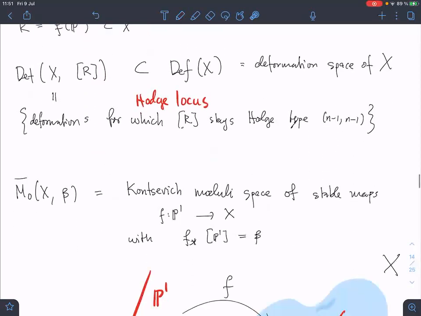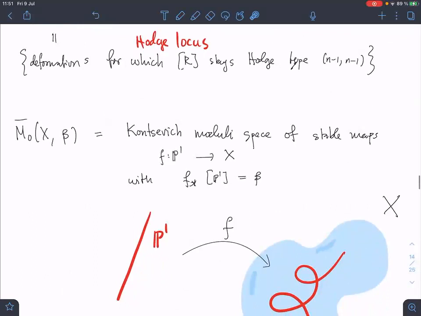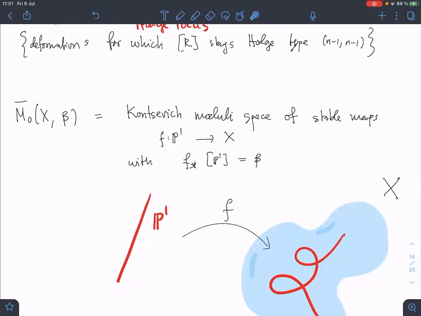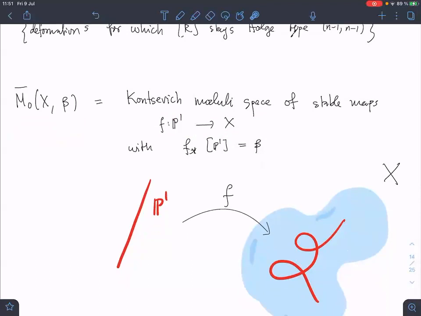Okay, so then we use a moduli space. M_0(X, beta) will be the moduli space of stable maps. It's maps from P1 to X with the property that the pushforward of P1 is this class beta. At least this is how the open part of the moduli space looks.